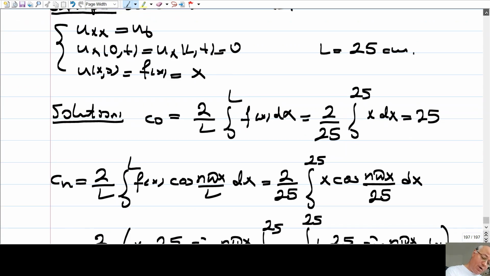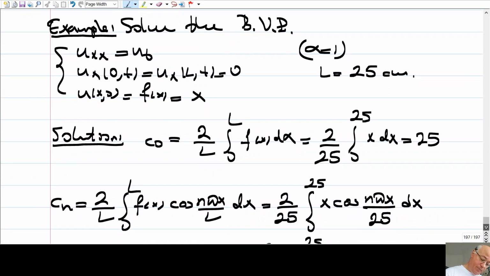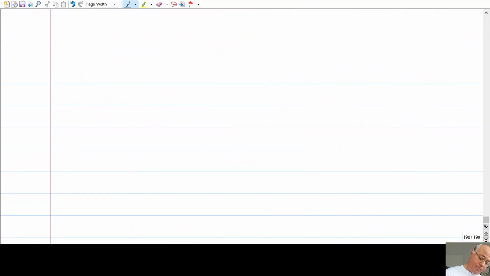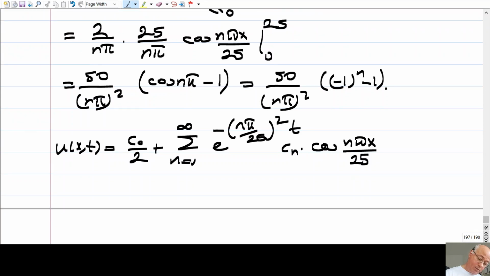Alpha over 25 squared t, times cosine n pi x over L, which is 25. And of course Cn, and Cn is this number.